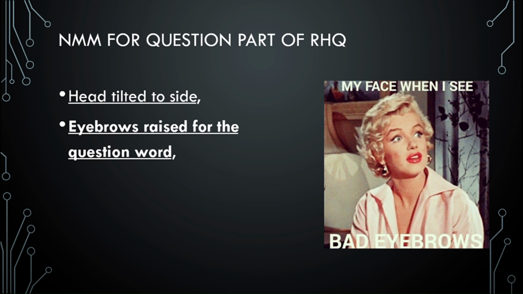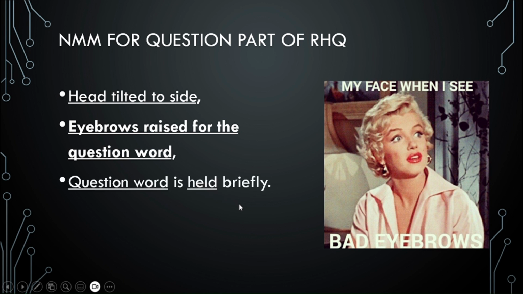So if I'm signing something and it has a question word in it, if you see my eyebrows down, I expect you to provide an answer. If I put my eyebrows up when I'm signing the question word, it tells you that I'm about to give you the answer. And then you briefly hold the question word.